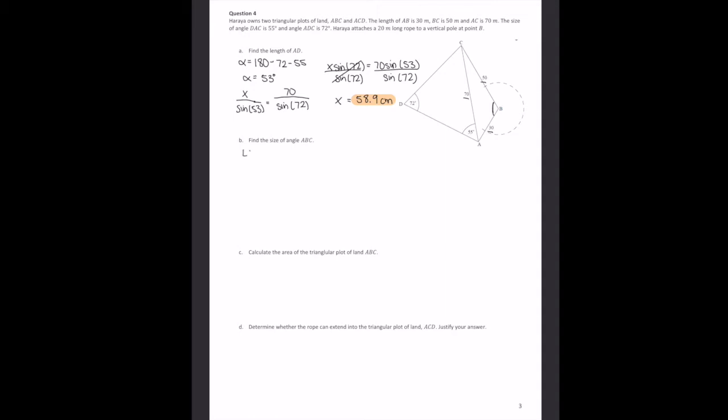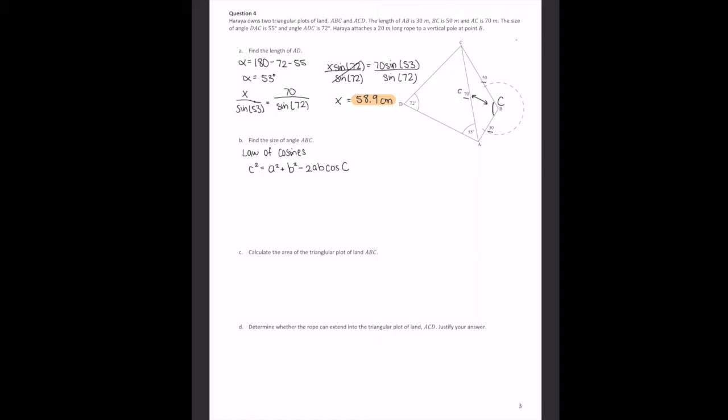The law of cosines has the formula c squared is equal to a squared plus b squared minus 2ab cosine C. In this particular case, we are going to call the 70 little side c, and the angle that we're looking for is big C. We know this because this is the side-angle pair that we're working with.